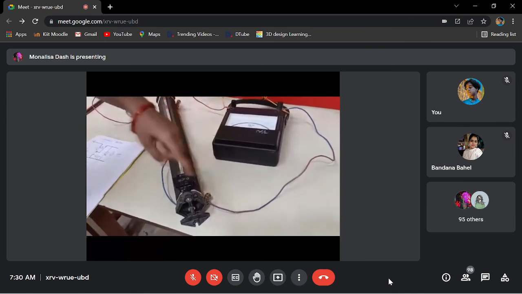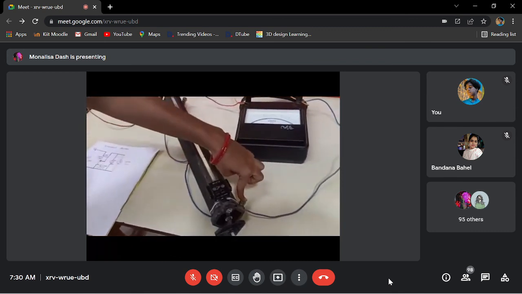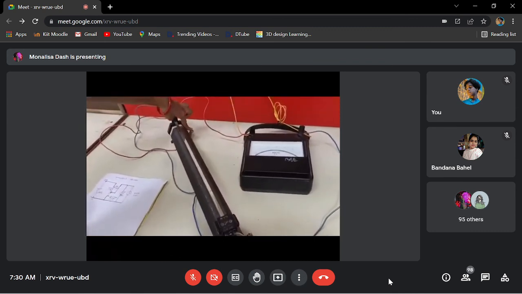According to that, this is my minimum position and this is my maximum position.